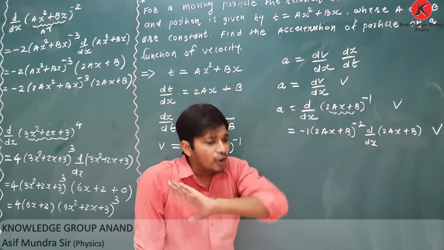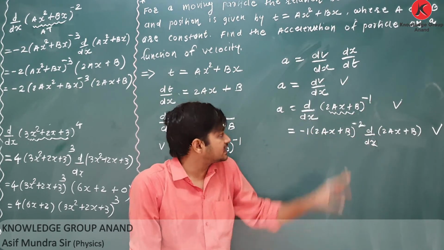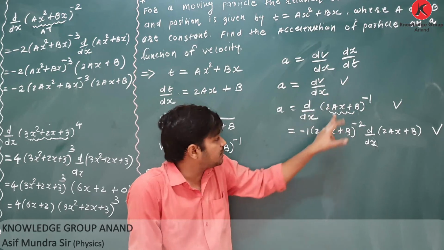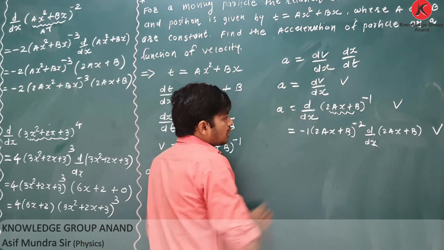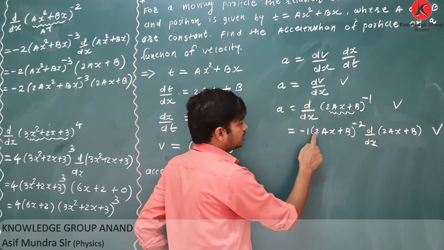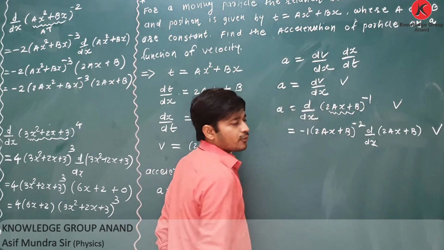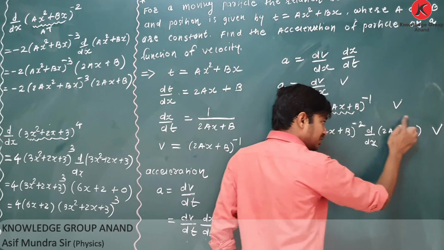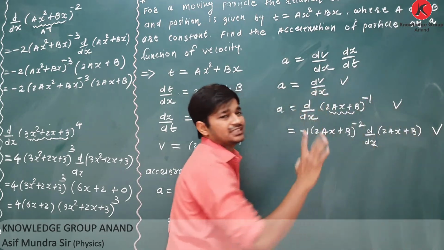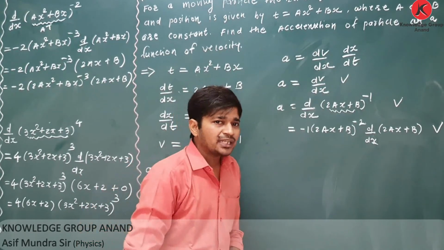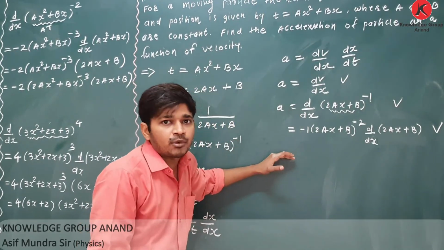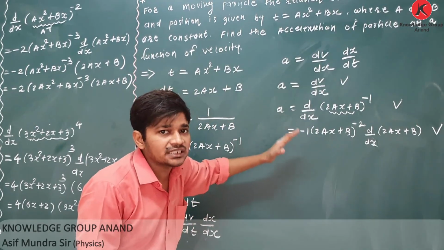Minus 1 is not only the power of x, it is the power of 2ax plus b, which means it is an additional term, so you have to apply the chain rule. So minus 1 power as coefficient, (2ax plus b) with power decreased by 1, then differentiation of the additional term, and this v as it is. Clear about this? Many students have doubt in this step, but see carefully what this step is.